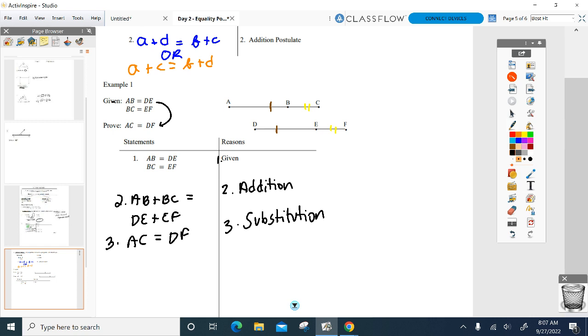And that's my last statement because that was my proof statement. So I took these two congruent segments, added them together because I can by addition, and it said AB and BC, that's another name for AC, substituted in. DF, substituted it in. We're done. Your first proof.